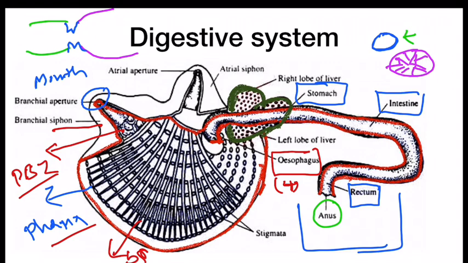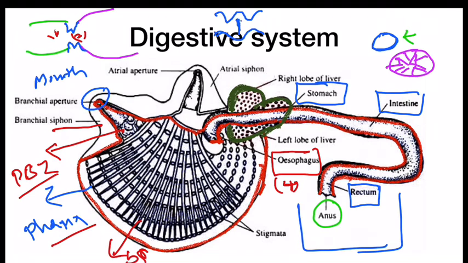Of these two ridges, the first ridge is called the anterior peripharyngeal band, and the second ridge is called the posterior peripharyngeal band. These two ridges have a groove in between them.